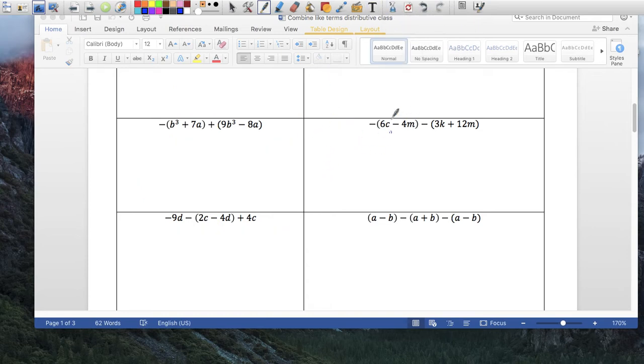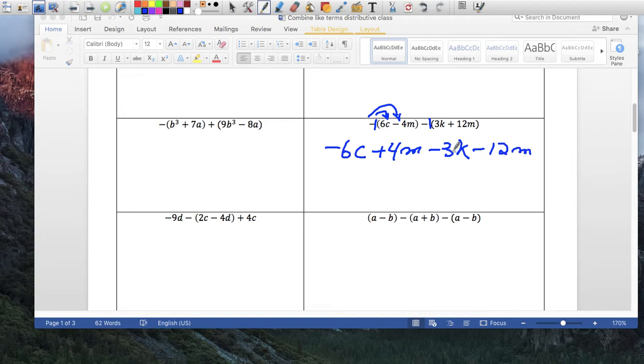Moving along, same thing. If it's a negative sign, everything comes out of the parentheses opposite. So it's going to be negative 6c, and this one becomes plus 4m. Put a 1 in here and do the distributive property. A negative and a positive is a negative. A negative and a negative is going to be a positive. Again here, put a 1 in front. Negative 1 times 3k is negative 3k. Negative 1 times 12m is negative 12m.